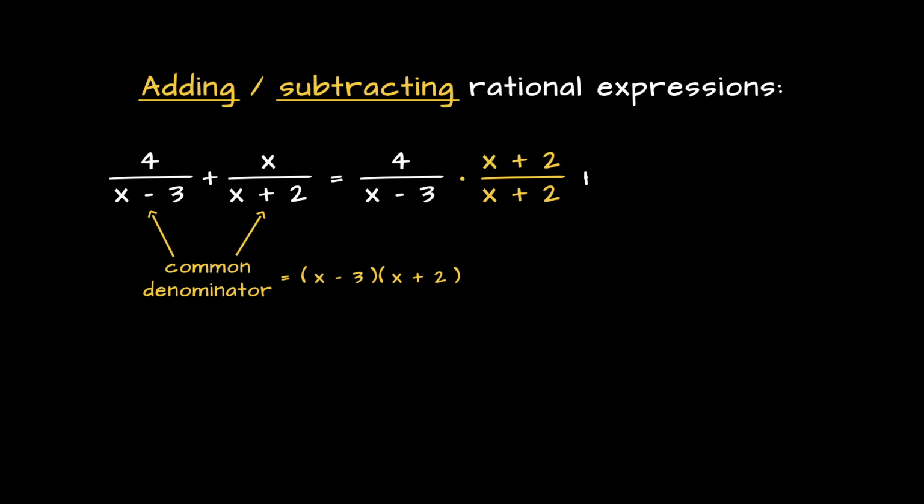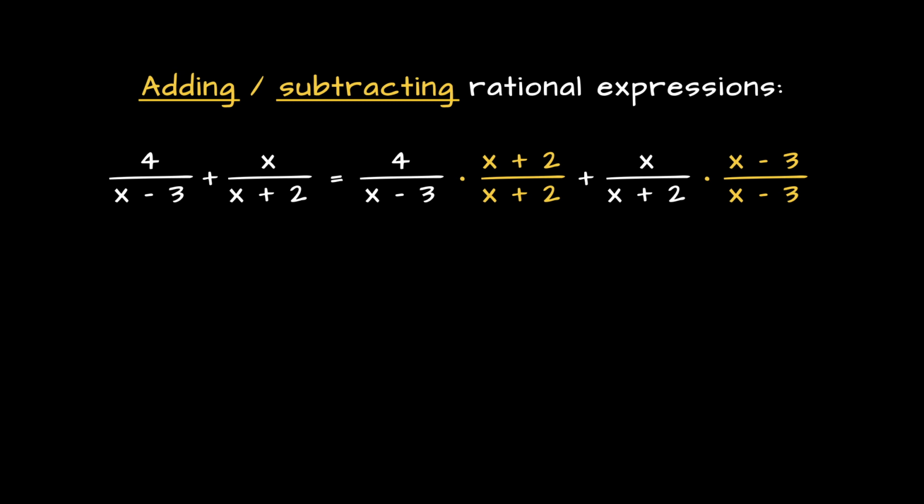And then we're going to do the same type of thing with our second term. We're going to take x over x plus 2 and multiply it by x minus 3 over x minus 3, so that it too will have the correct common denominator. Now the first term in our new sum can be written as 4 times x plus 2, or 4x plus 8, all over the common denominator x minus 3 times x plus 2.